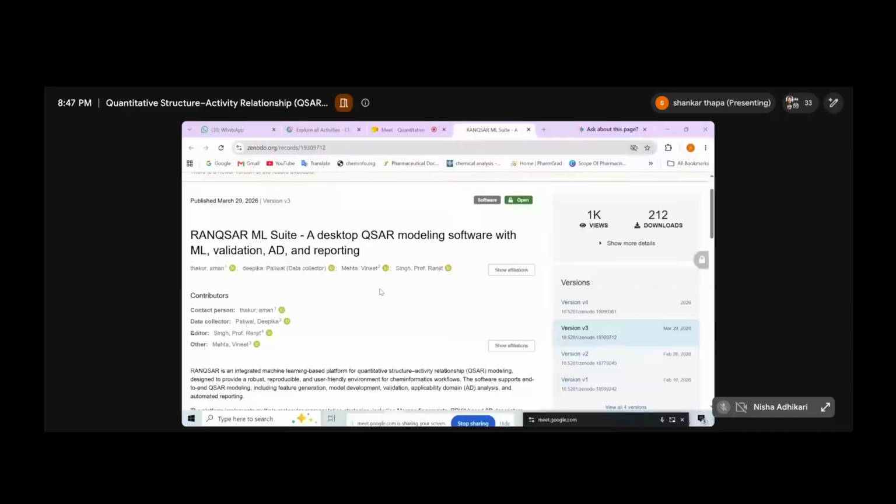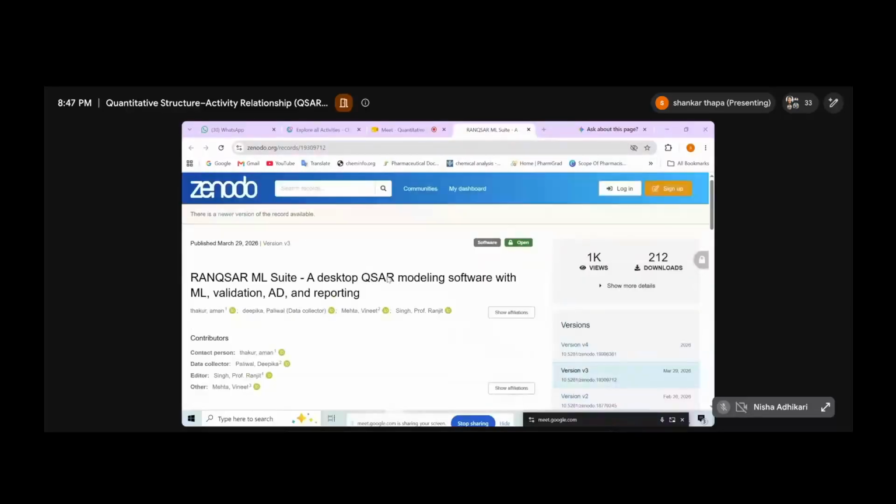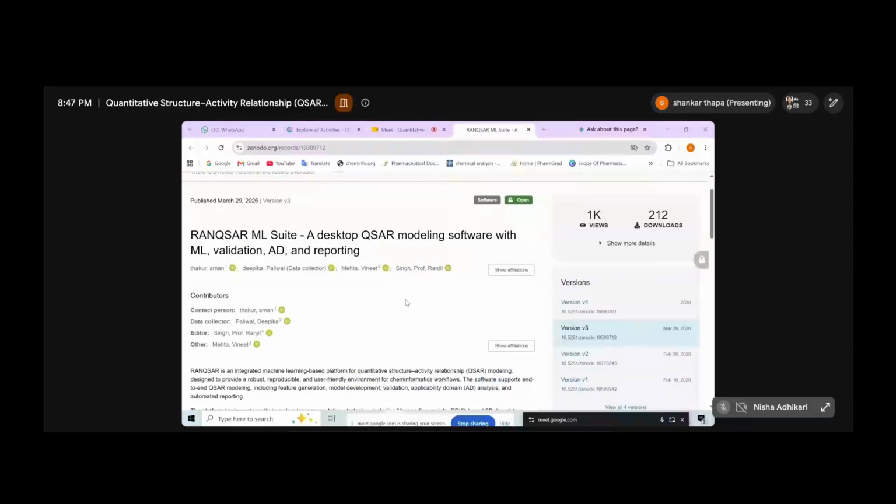For that reason, to keep your data safe, you can use Zenodo. I think these researchers also use Zenodo. I must thank all the authors and developers of this software, and I'm thankful to them, because they made it open access to everyone.